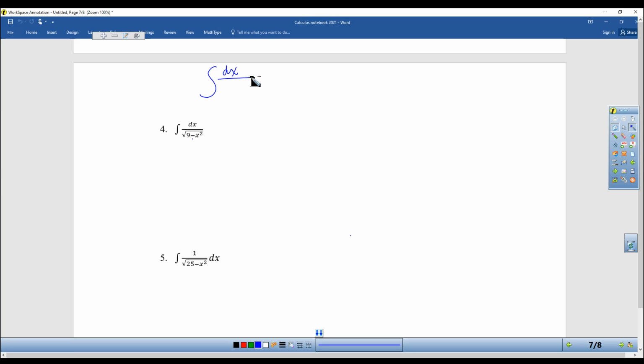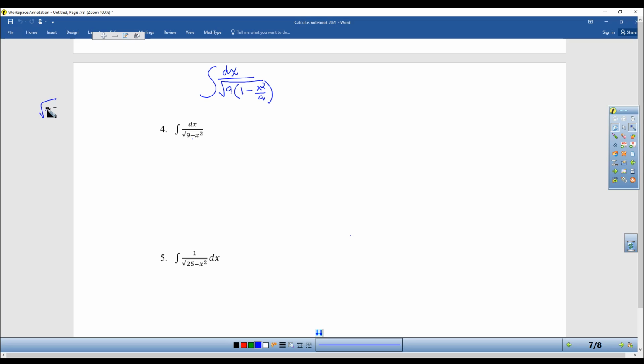So dx over the square root, I'm actually gonna have to factor the 9 out in order to make that a 1. When you factor the 9 out, you're left with x squared over 9. Think about that, redistribute. 9 times 1 would be 9, and 9 times negative x squared over 9, the 9's would cancel and you'd have x squared.